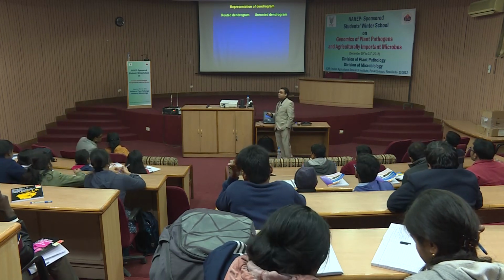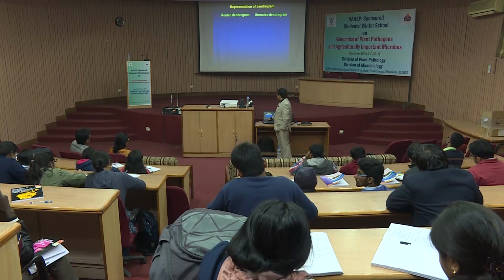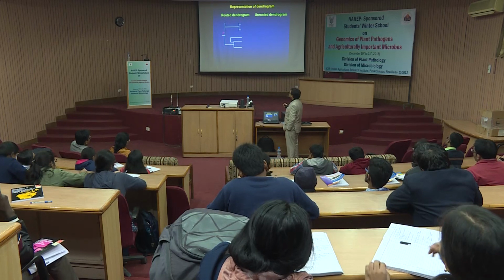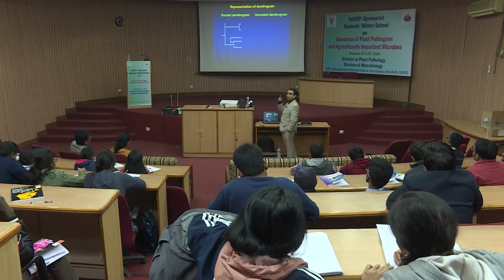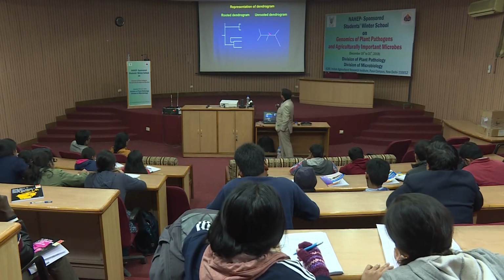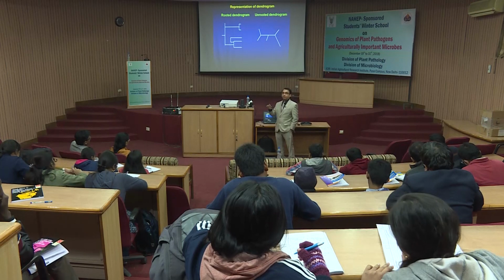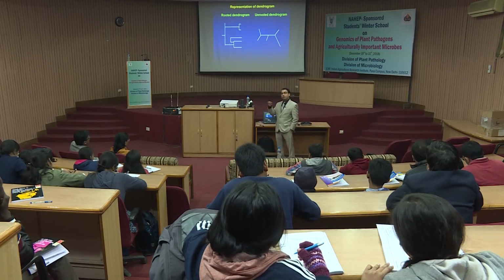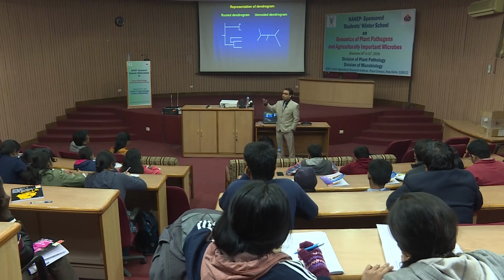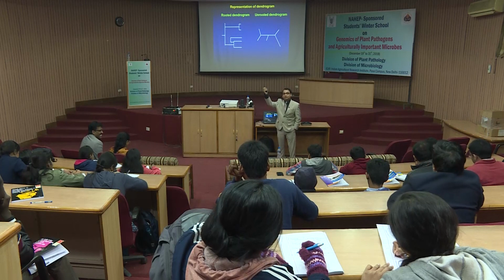The tree can be presented as a rooted dendrogram or an unrooted dendrogram. Rooted dendrogram means the evolution started from one particular parent and then they started evolving, and this is an unrooted dendrogram where there is no root. If you want to study the evolutionary relationship between human, rice, mosquito, tiger, you cannot think that they have one ancestor.